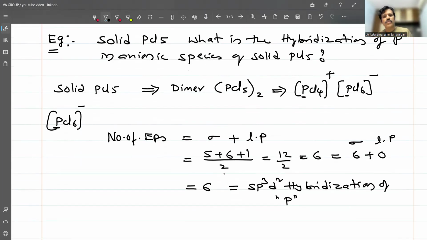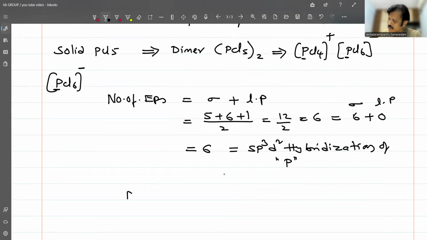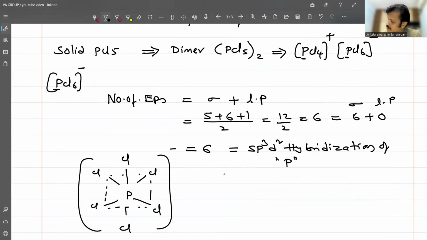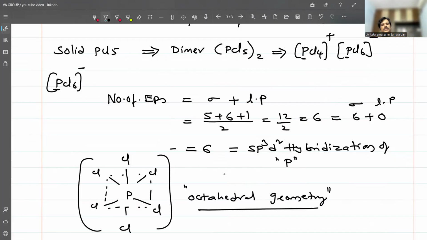If you want the geometry of PCl6 minus, simply we can take the geometry surrounding 6 atoms. We have to write the atoms surrounding the phosphorus like this. So there exists octahedral geometry. So here we are discussing hybridization, and based on the hybridization we are also getting the structural data.